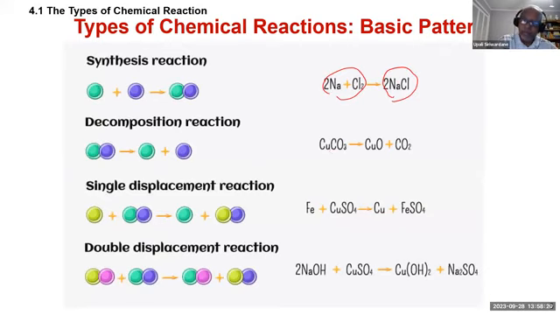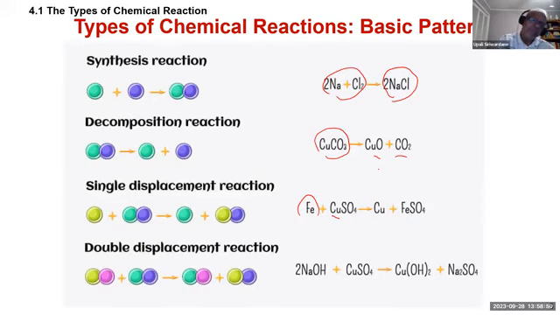Decomposition is the opposite of synthesis: one compound breaks into two simpler compounds. Single displacement is the idea that one element replaces an ion, here copper, and copper is displaced.